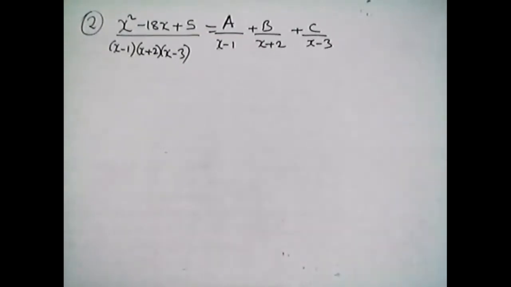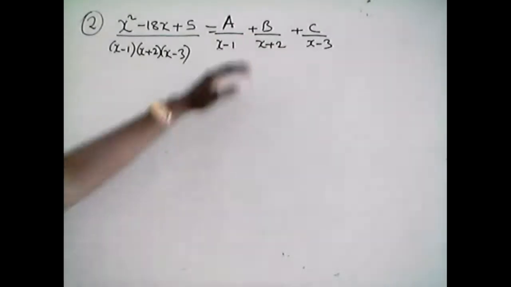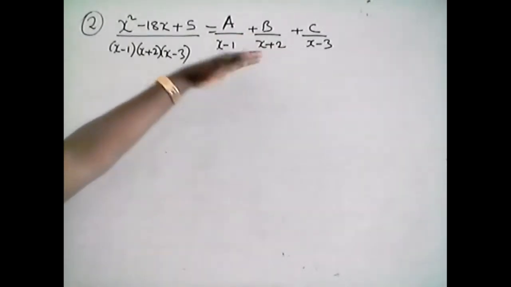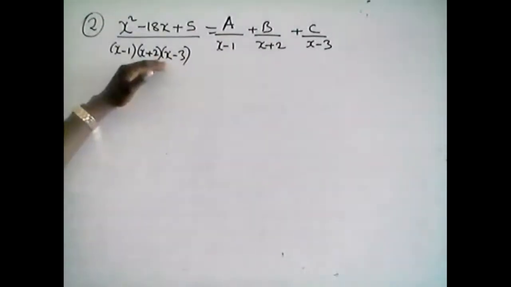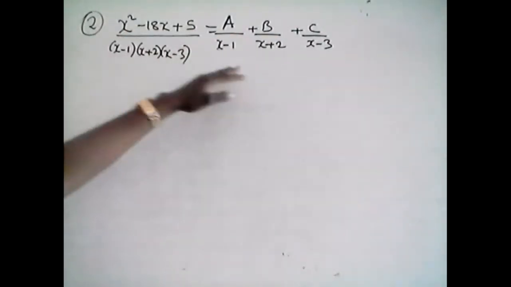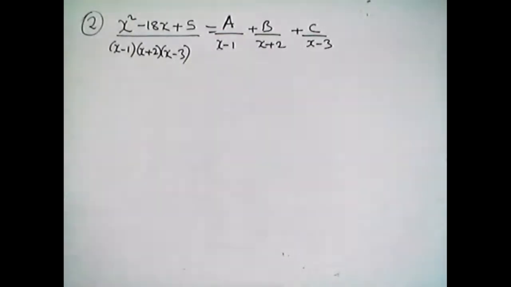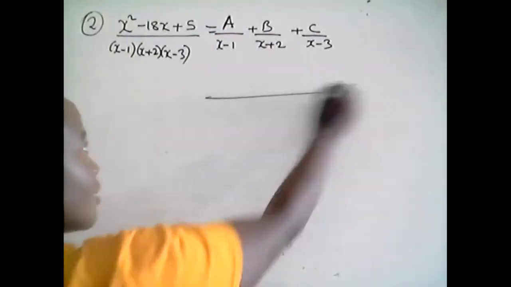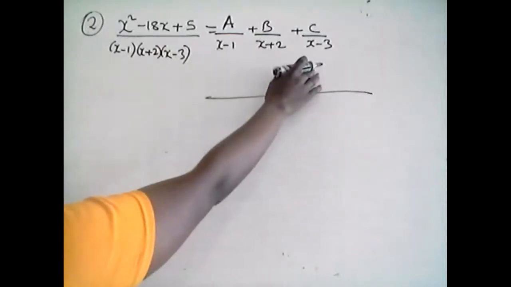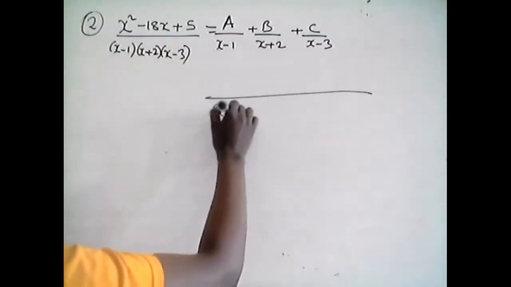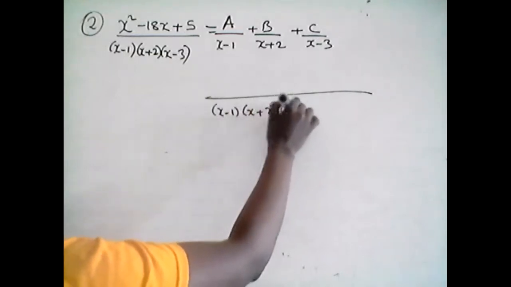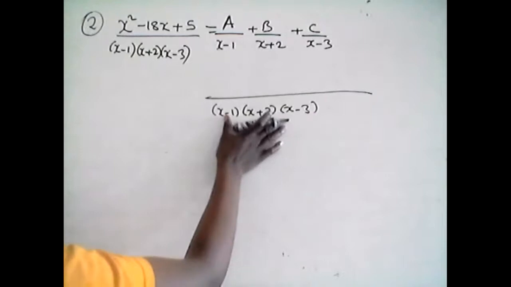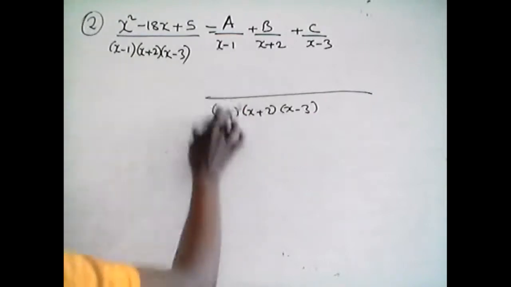So next, remember what we did previously: we had to find the common denominator on this side, and then find the reciprocal to cancel. But now we know that if you just identify first of all the common denominator, which in this case is x minus 1, x plus 2, x minus 3, then this divided by that, this and that cancel.